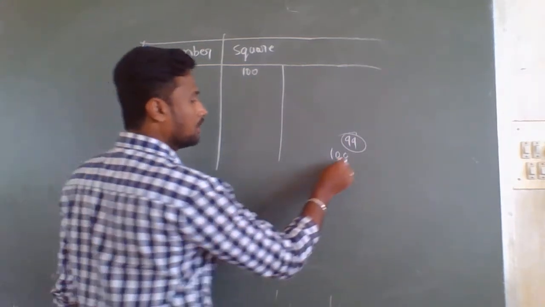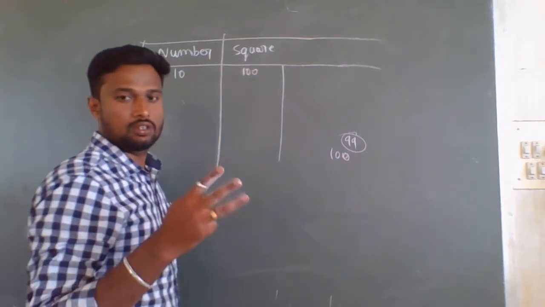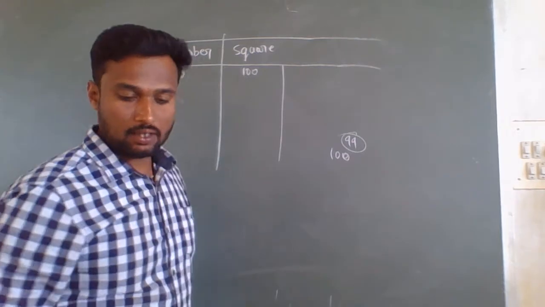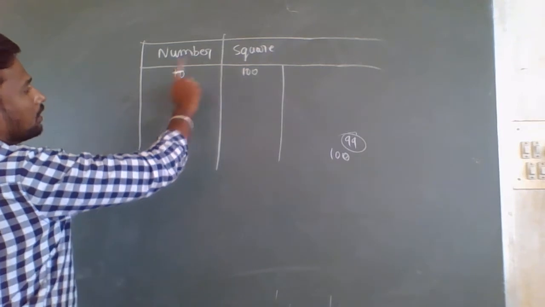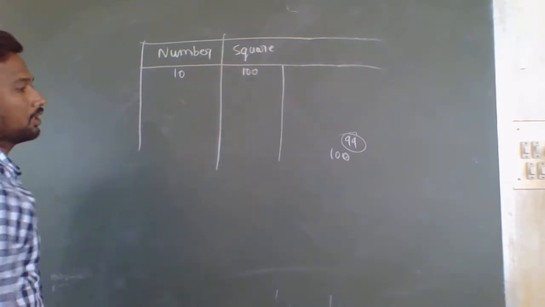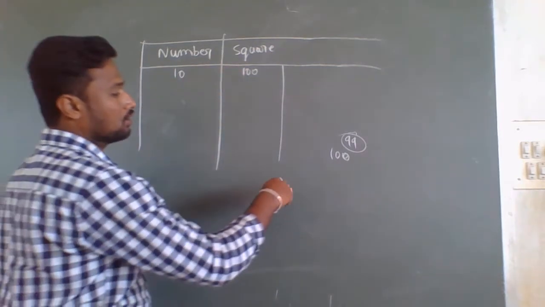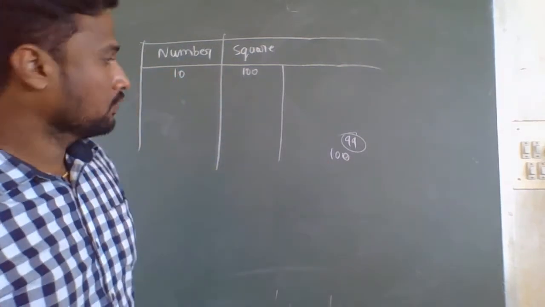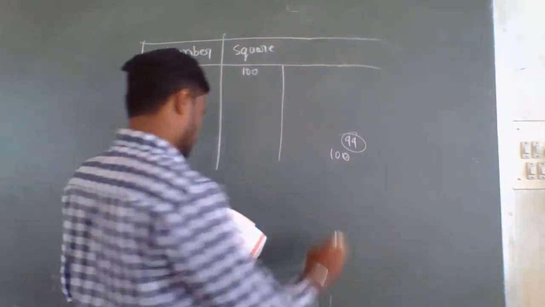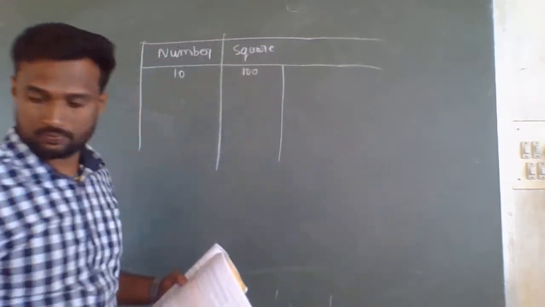And square value of 10 is 100, 10 into 10 is 100. So the smallest perfect square having 3 digits is 100.